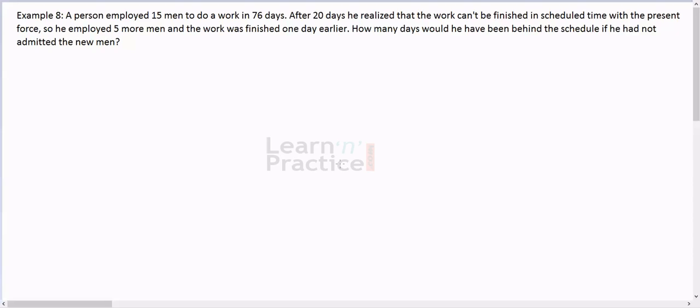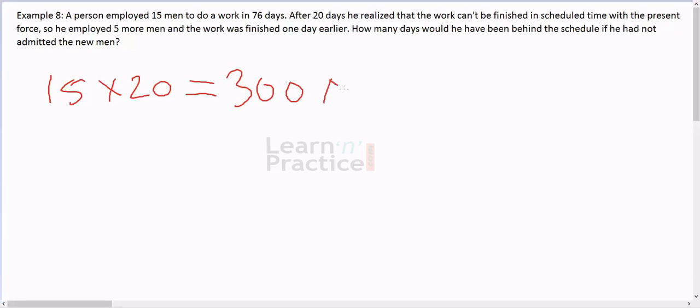Okay, so from the first statement, it's clear that he employed 15 men to complete a work in 76 days. Those 15 men worked for 20 days, so total man days would be 300.